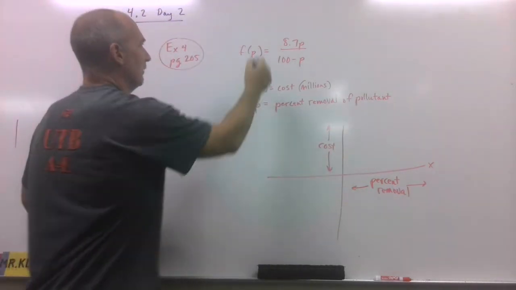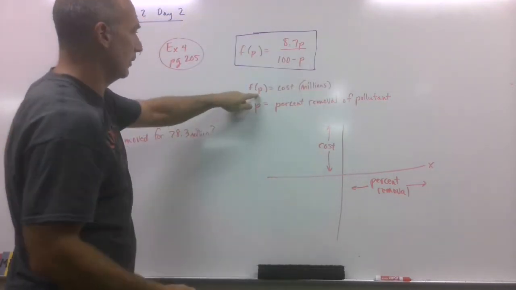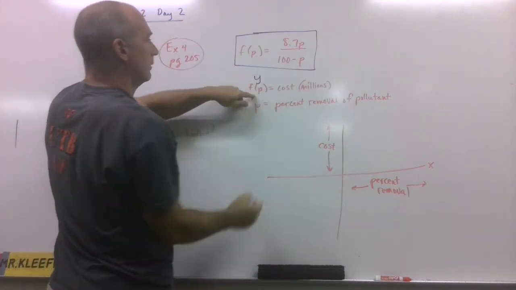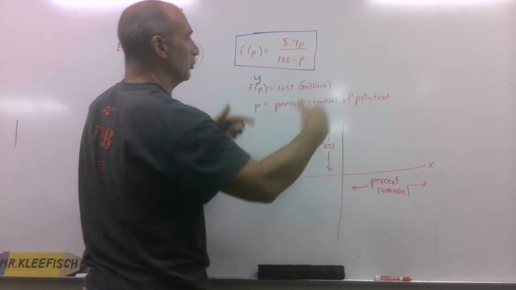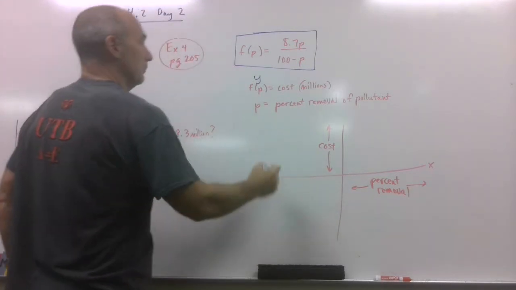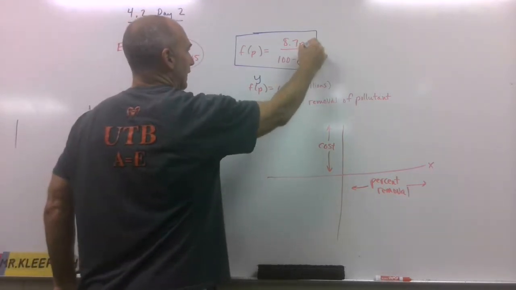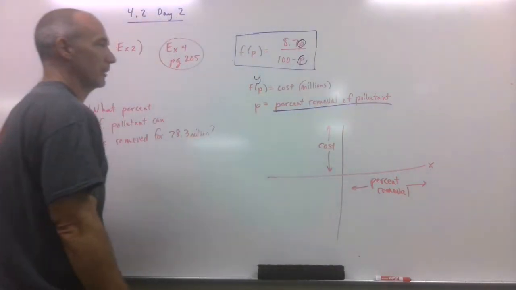So they give you this function, and they tell you this, which is y. That's the cost to go out and remove pollutants from whatever, rivers, lakes, not sure. But then P is the percent removal of pollutant.